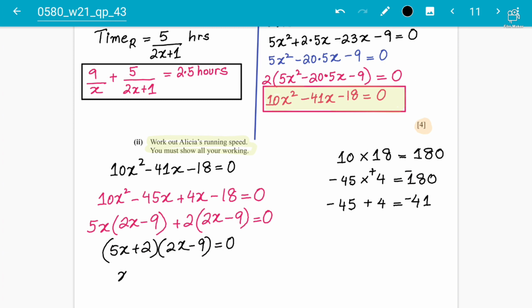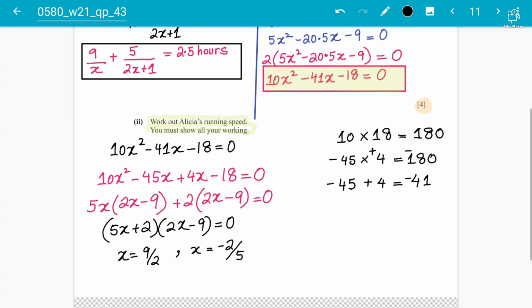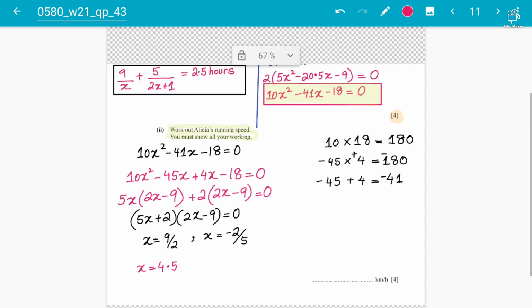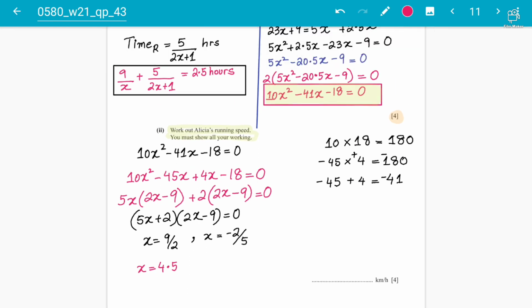So x is equal to 9 divided by 2, and x is equal to minus 2 divided by 5. So we are getting 2 answers, students, that x is equal to 4.5 and negative 2 over 5, which is basically negative 0.4.